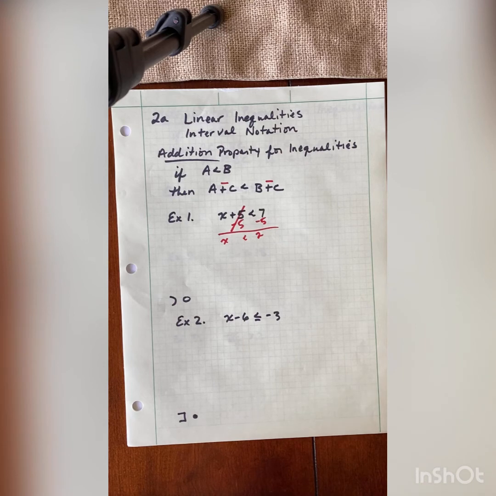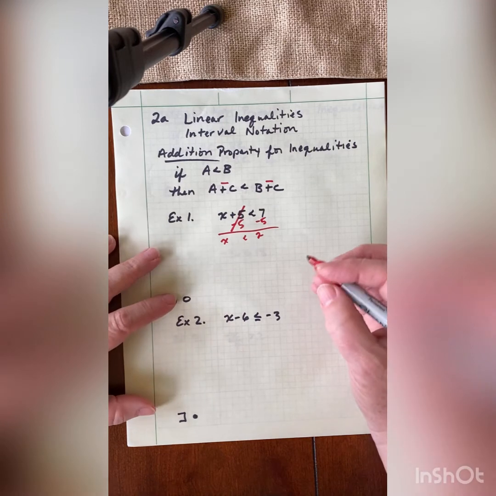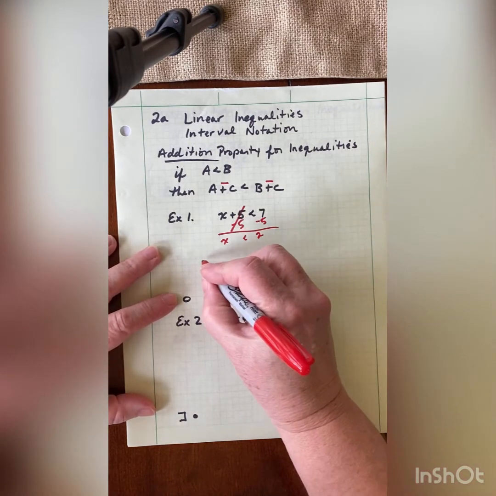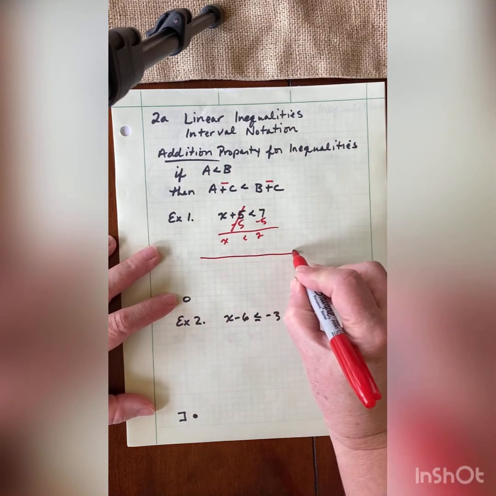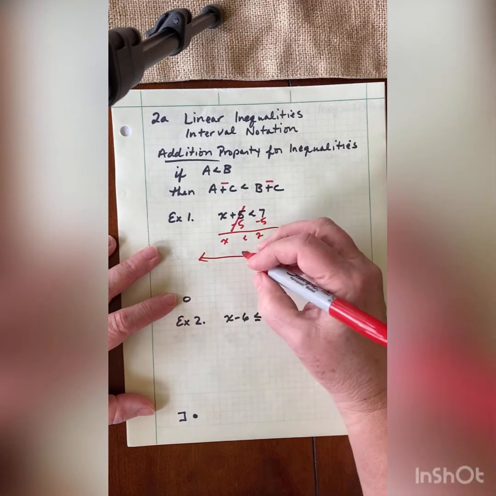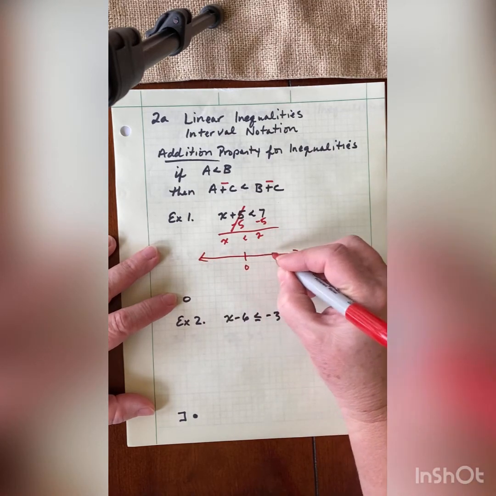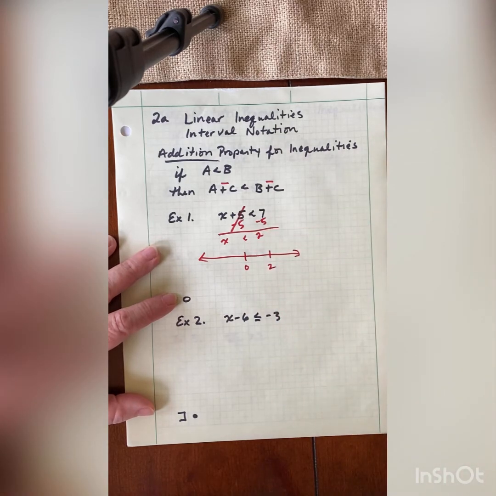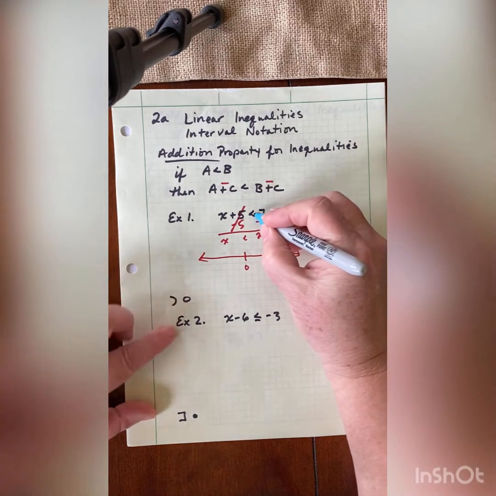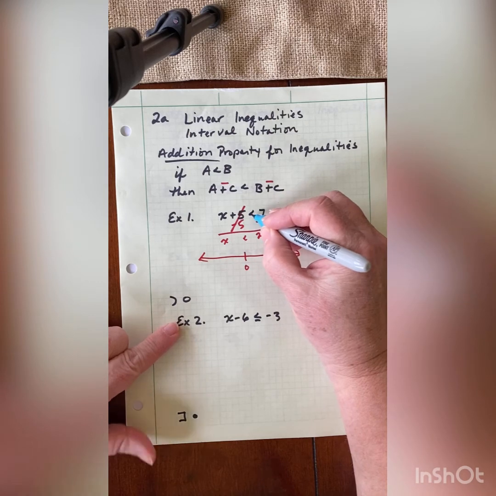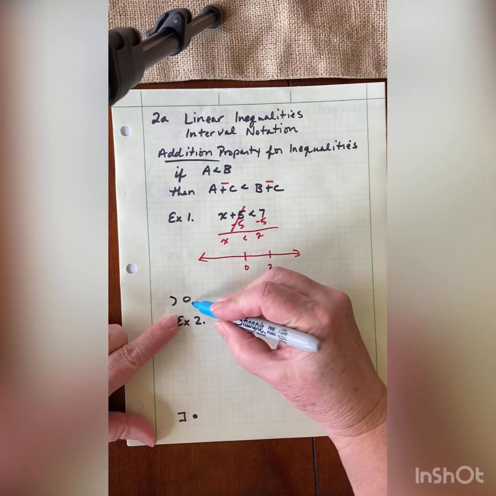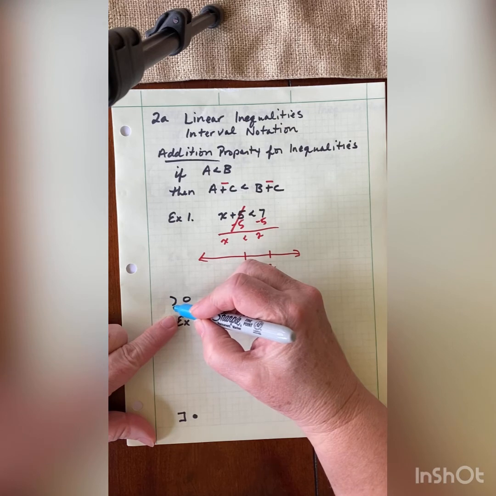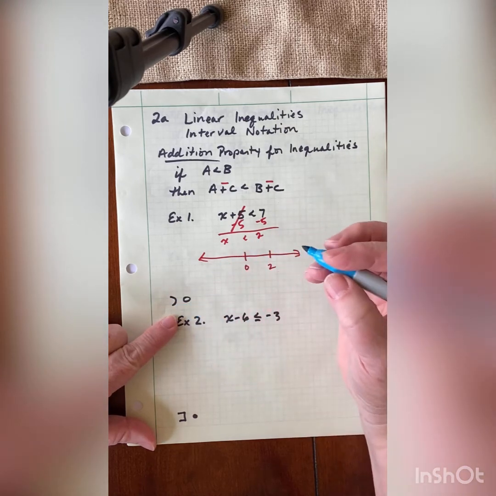So we can go one step further and graph the solution set to this. Okay, so if I were to graph this, let's say I got my line right here. I usually put on a 0 and whatever my number is right there. Because I am using this particular inequality, that goes with the parentheses or an open dot.